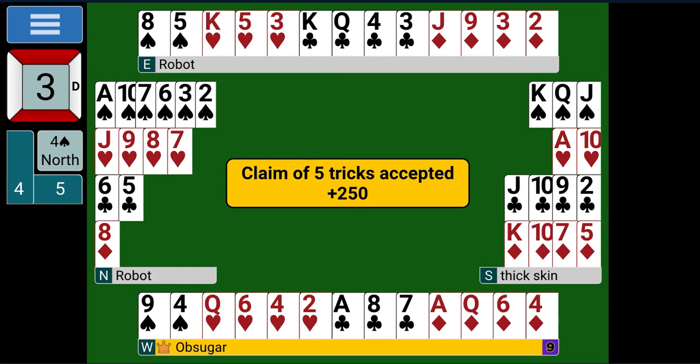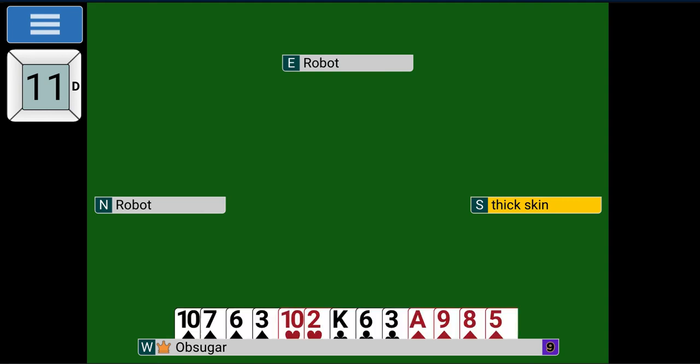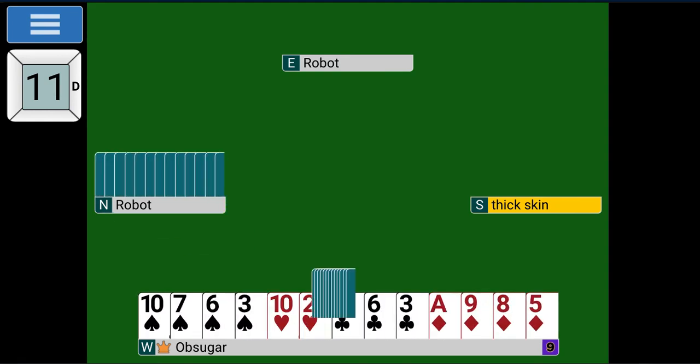All right, one more. Actually, let's change it up a little bit. This is West. I'm in West. Okay. Enough of this practicing. Let's actually see if we can play some defense.